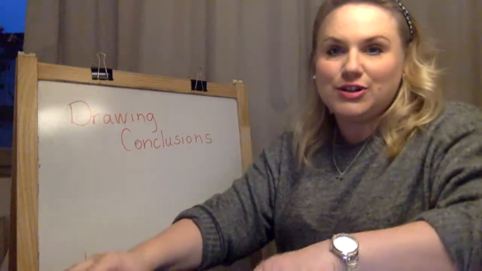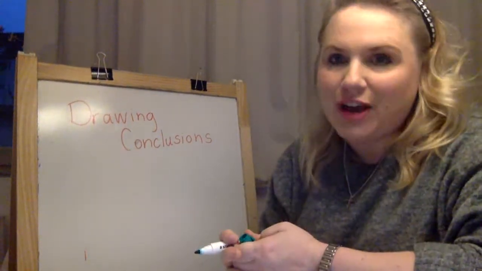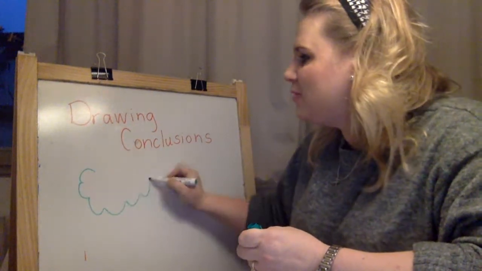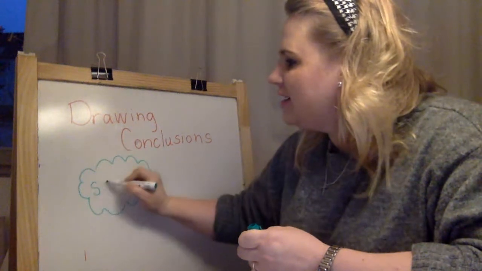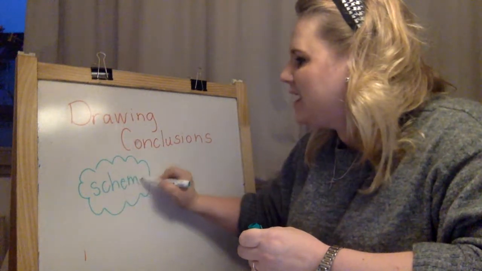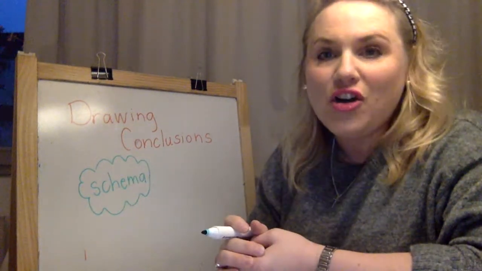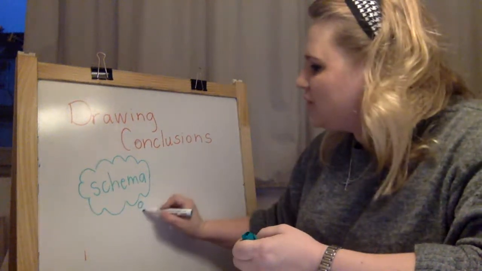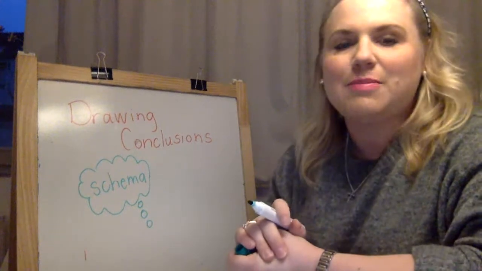So what you're going to do is you're going to take all of your background knowledge or schema. Remember, we've learned about schema before, earlier in the year? Sort of like a file cabinet in your brain of all the things that you've already learned in your life, okay? So you could say that you're thinking about your schema.